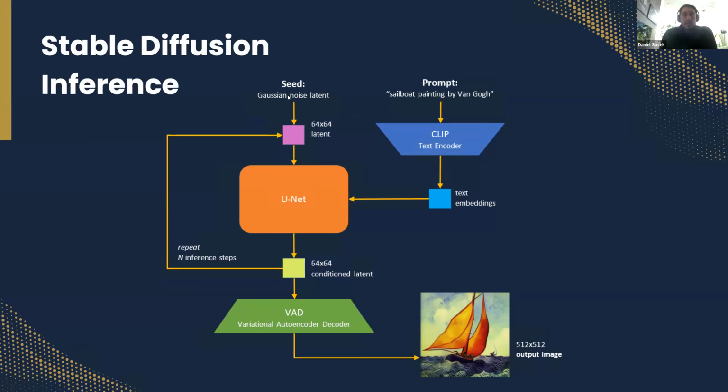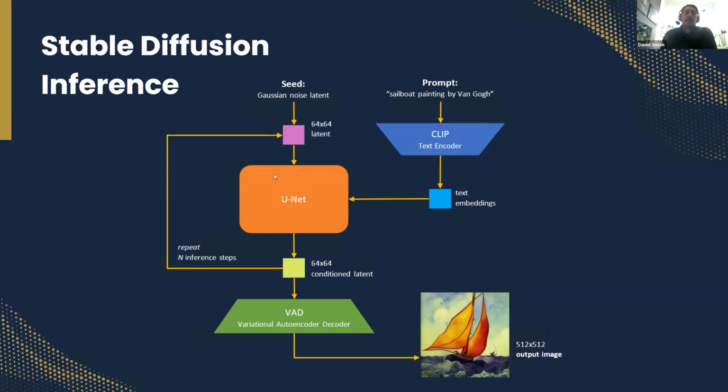What's important is that this network works with an input latent and the text embeddings, which control how the noise gets removed. Essentially, this UNet is the main component of the stable diffusion model.